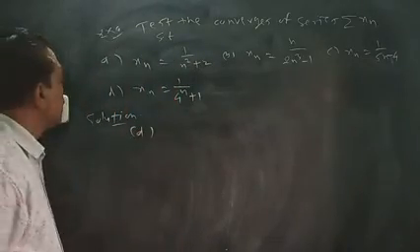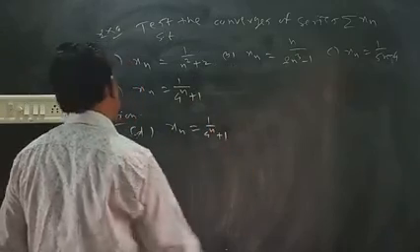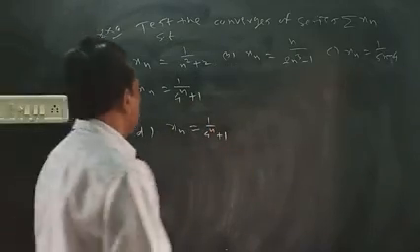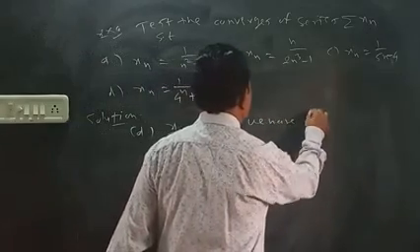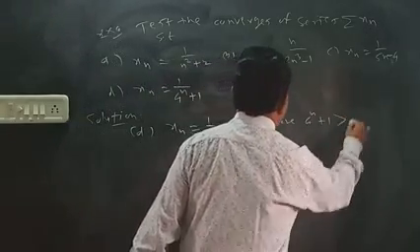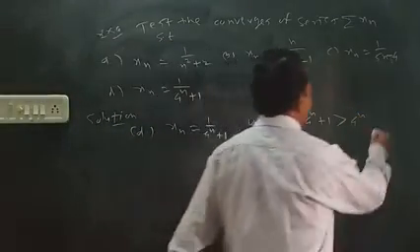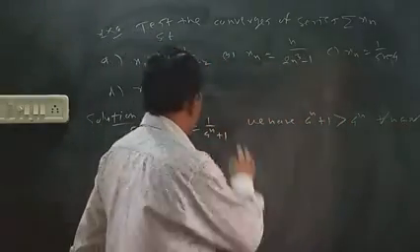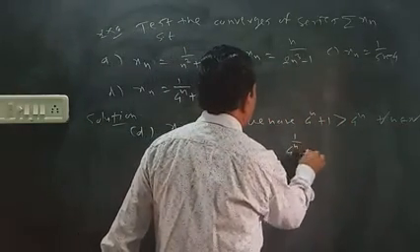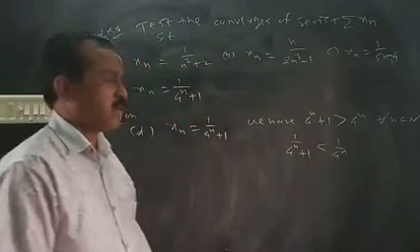Last, xn is 1 upon 4 raised to power n plus 1. So in general, 4 raised to power n plus 1 will be greater than 4 raised to power n, always true for every natural number. Taking the reciprocal, 1 upon 4 raised to power n plus 1 will be less than 1 upon 4 raised to power n.